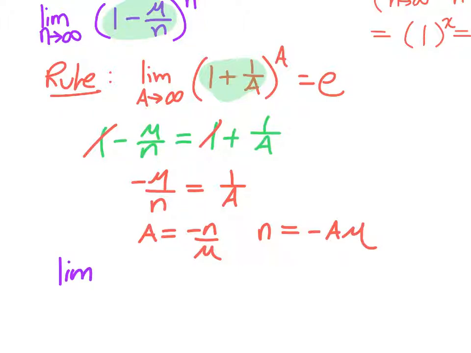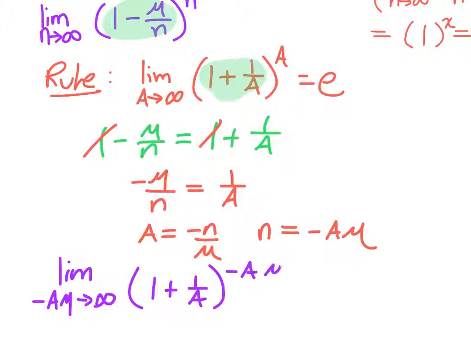The limit as negative a mu approaches infinity of 1 plus 1 over a, not to the nth power anymore, but to the negative a mu power.